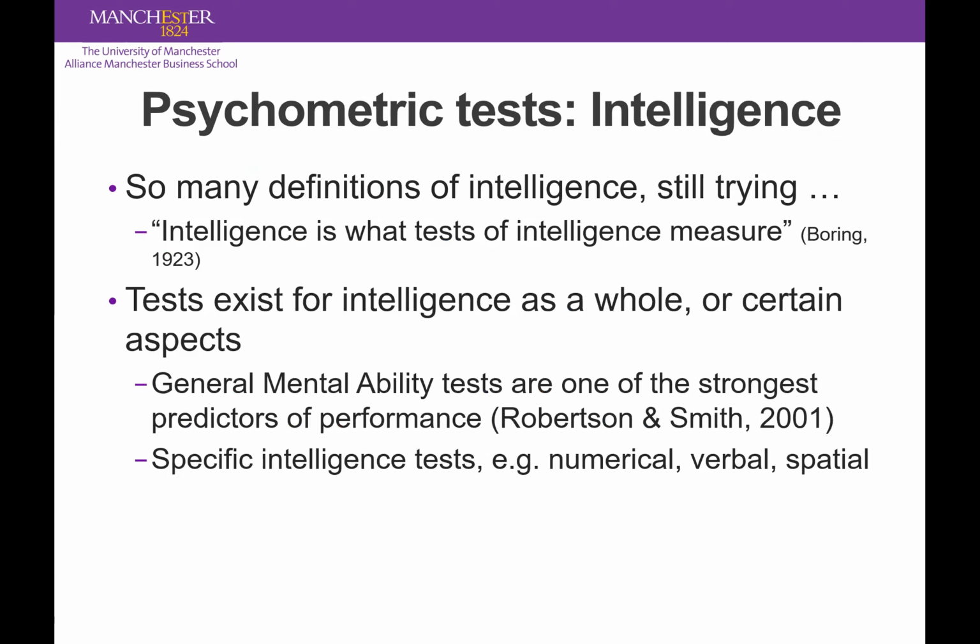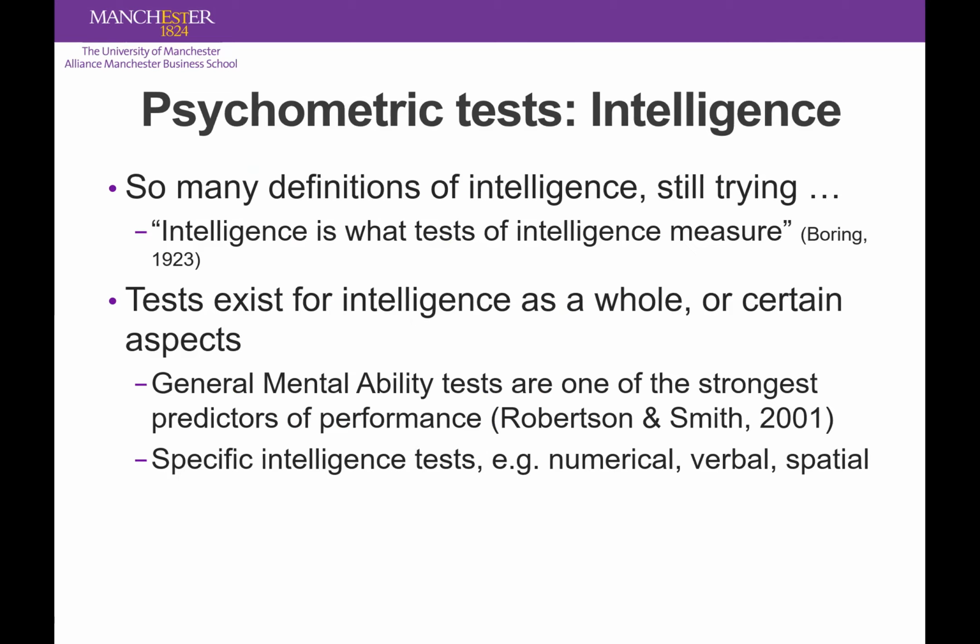Psychometric test is going to test our intelligence as well. There are many definitions of intelligence. Of course, are we talking about the IQ, the intelligence quotient, or some cognitive intelligence or any other types of intelligence?